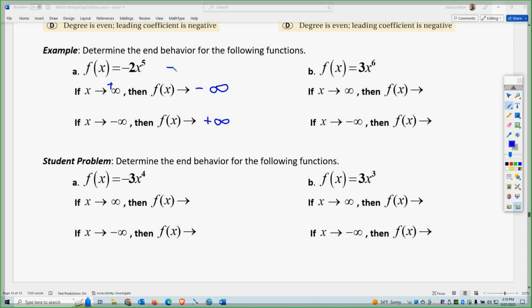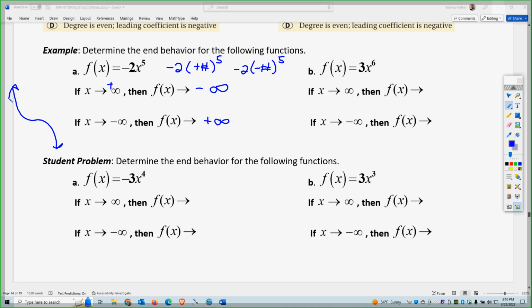Just do it out for yourself, negative 2 times a positive number to the fifth power, and then negative 2 times a negative number to the fifth power, right? The exponent has to come first, the multiplier comes after, so that dictates the end behavior. So the graph essentially is going to go down in the positive direction and up in the negative direction, right?